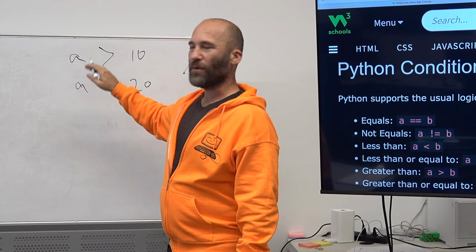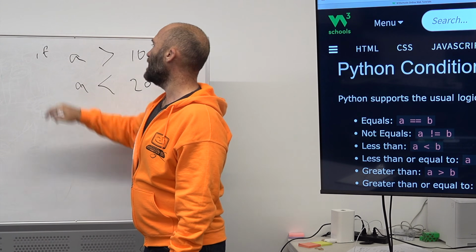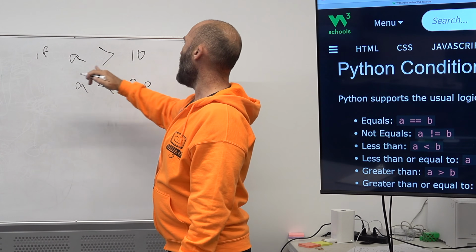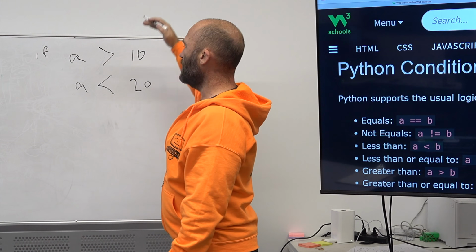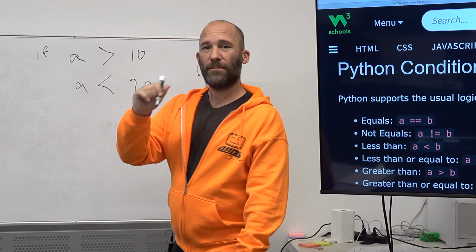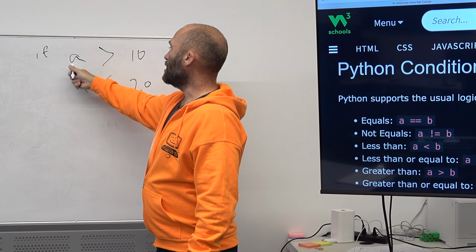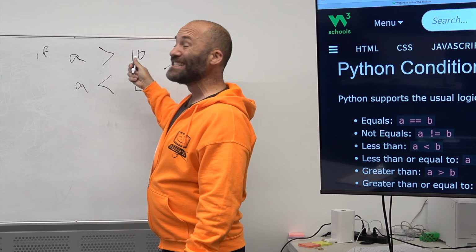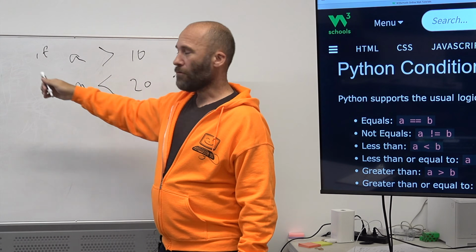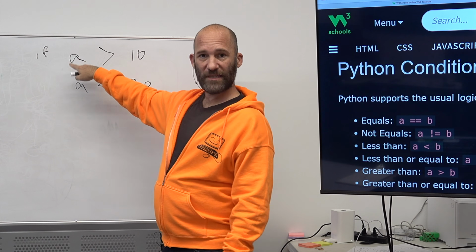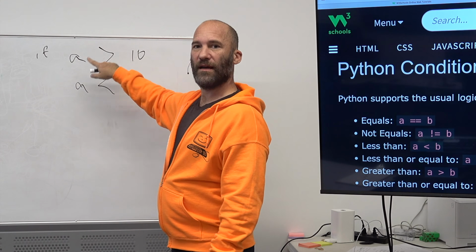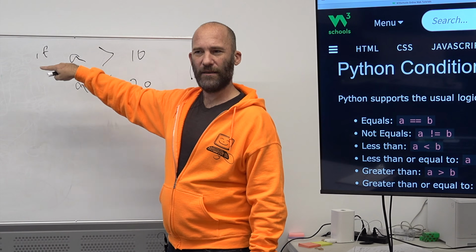If you're doing an if statement here, if A is greater than 10, then do something. What we're asking here is basically if A is 11 or more, because if A equals 10, 10 is not greater than 10.